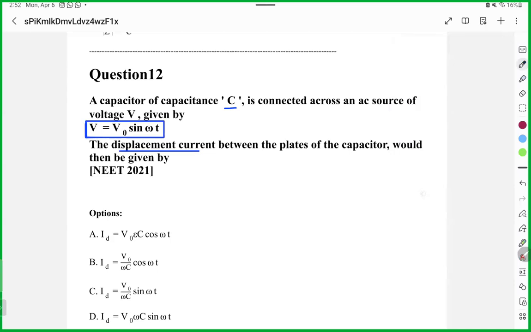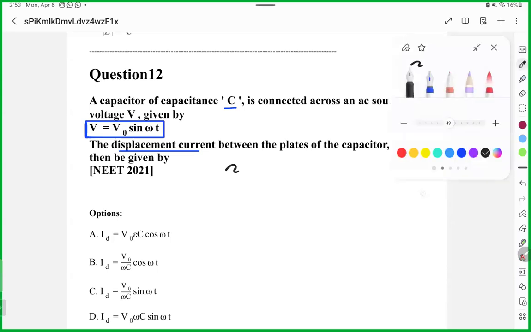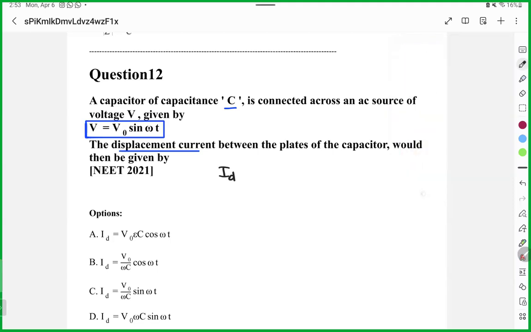Option B. So what is the formula of displacement current?